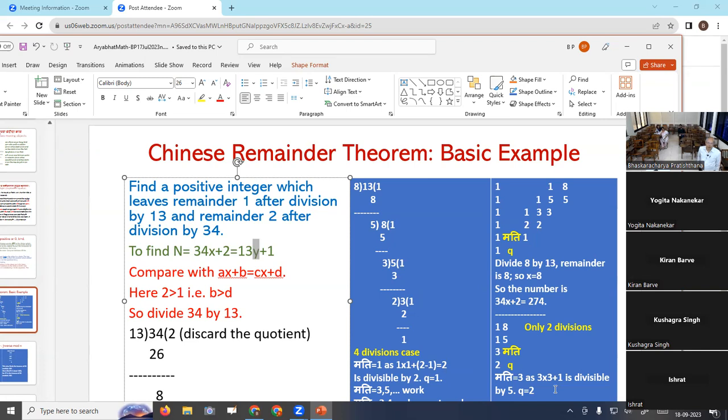I mean, suppose it is 34x plus 1 is equal to 13y plus 2. All these different cases he does separately. Means that instead of +2, it is -2, for example. So in different ways it can be said. But these cases are dealt with separately, and he makes 4 cases.